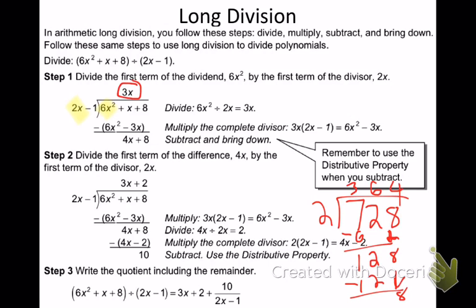Does everybody see why it's 3x? 2 goes into 6 three times, and x goes into x squared x times, so I get 3x. Then I multiply back: 3x times 2x, 3x times -1, and that's where I get my subtraction. I'm going to subtract those terms. Then I bring everything down. I have 4x plus 8.